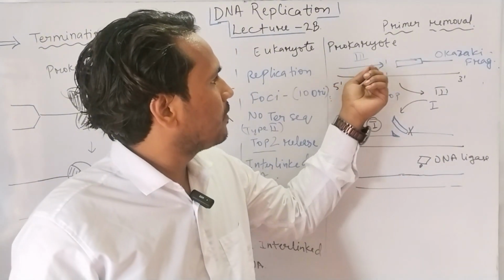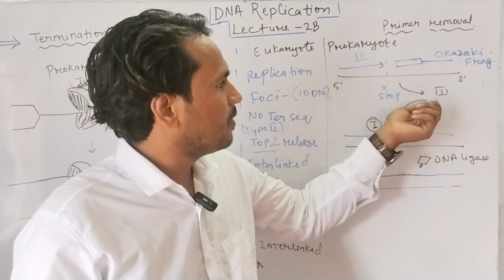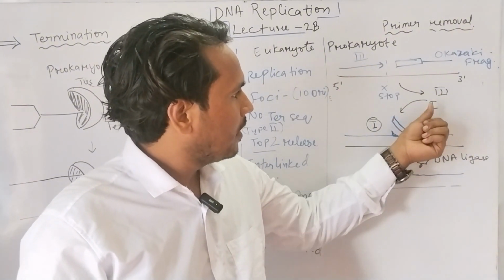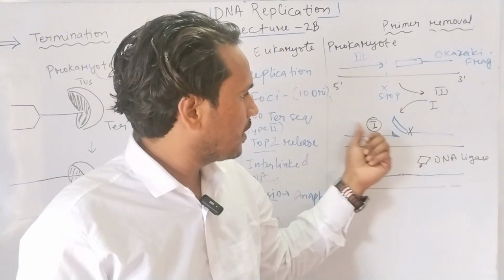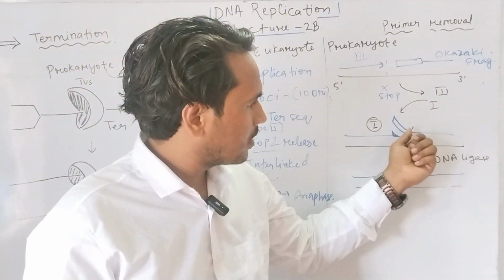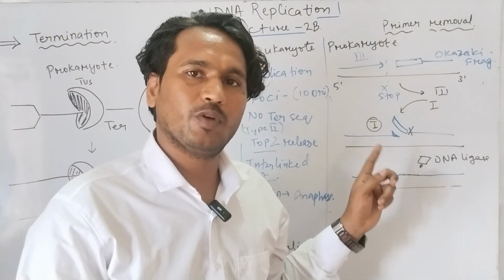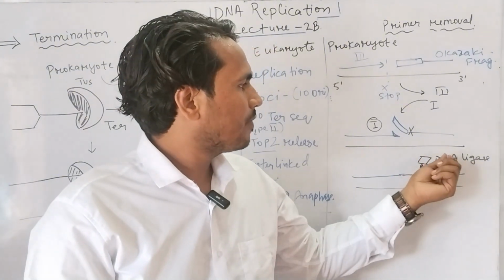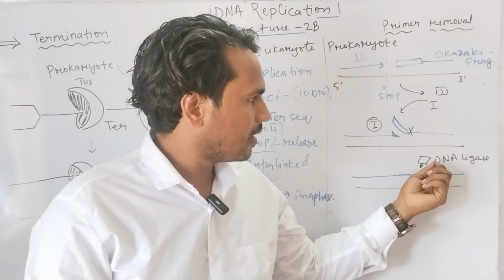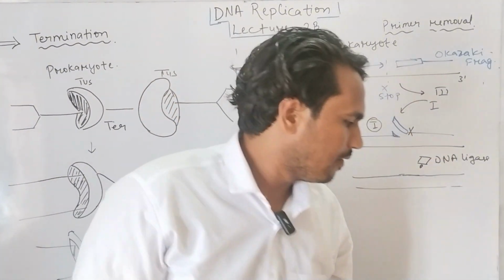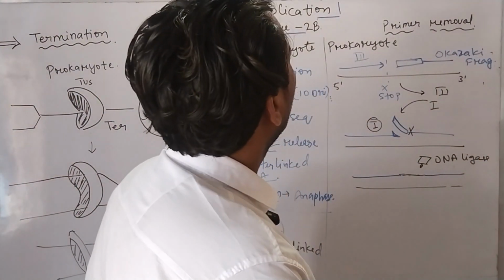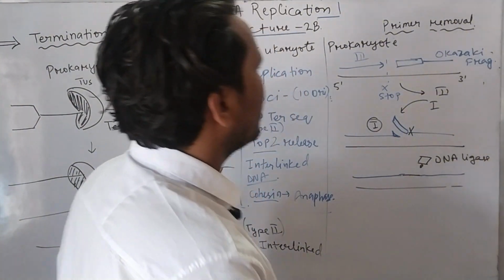Once it reaches the primer, DNA polymerase 3 will be removed, and then DNA polymerase 1 will come, cut this primer, and fill the gap with its 5 prime to 3 prime polymerase activity. Then the phosphodiester bond is synthesized with the help of DNA ligase. This is how primer removal occurs in the prokaryote.